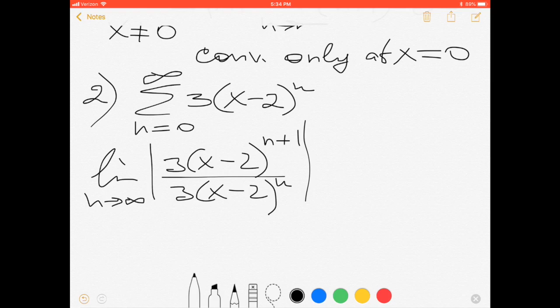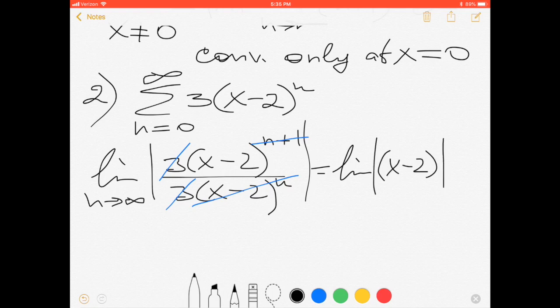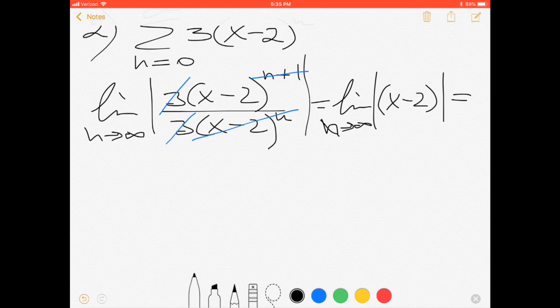Start simplifying. The 3 cancels, the powers of n cancel, and this means this limit is the limit of absolute value of x minus 2, where n approaches infinity. Because the function does not depend on n, we have exactly absolute value of x minus 2.